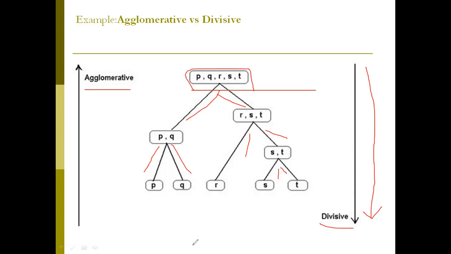What is the termination condition of this divisive hierarchical clustering? The termination condition is that each and every data object should form a single cluster. That is the divisive technique termination condition.